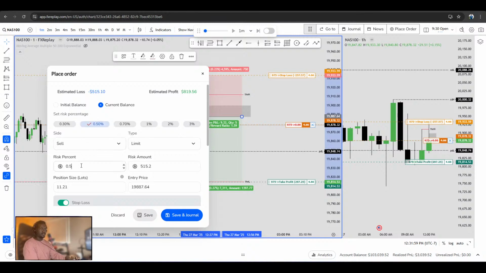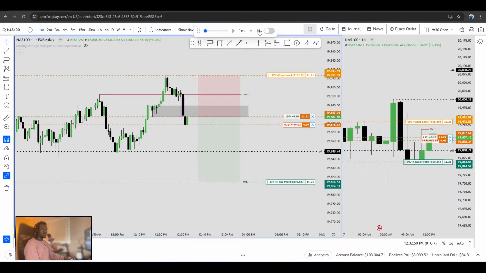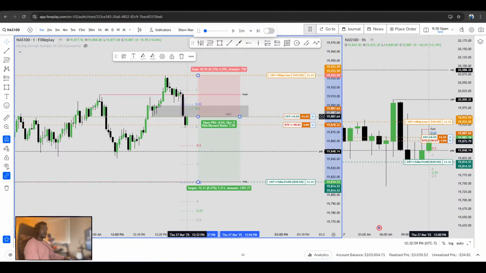I want it to be a little bit bigger on that one because that's my main entry area, 0.5. So if we do form a swing low, the other 0.25, I'm gonna engage with that, and we do have a swing low. So I'm gonna take the recent high and the recent low, and that's 0.62. I'm going to put in the rest of the risk.